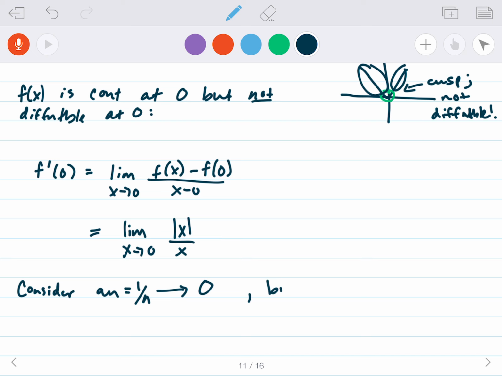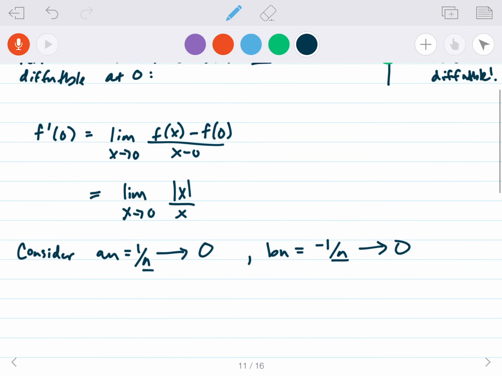But also, b sub n equals negative 1 over n converges to 0 by making this denominator very big. So those converge to 0, but if we look at f of a sub n, this is f of 1 over n, which is just absolute value.